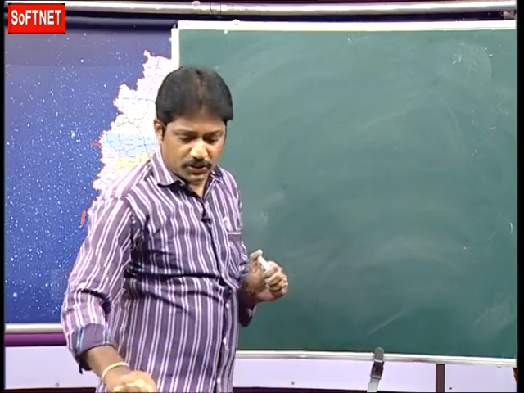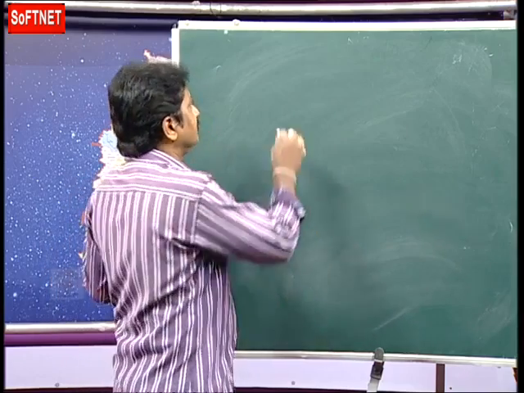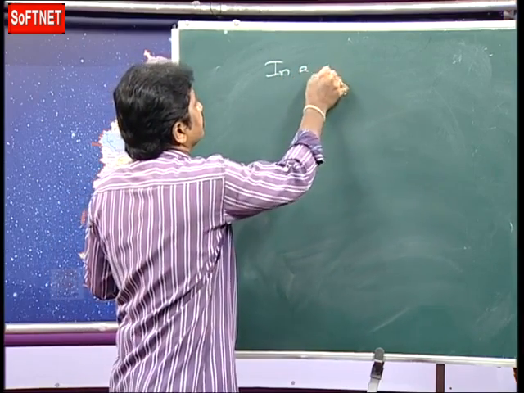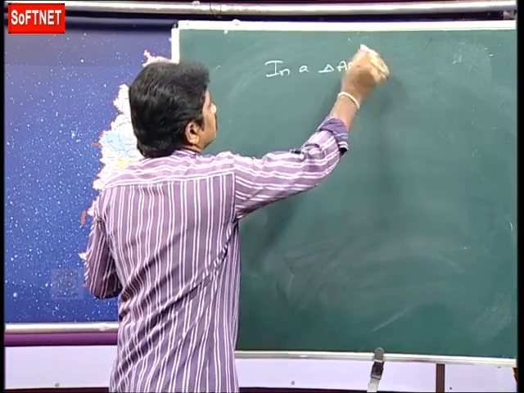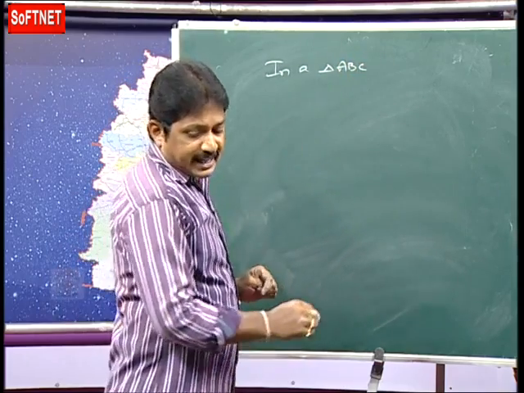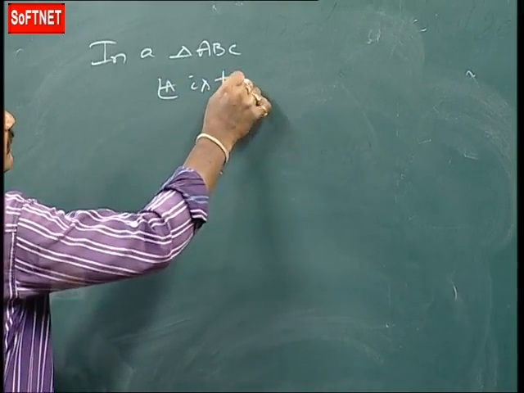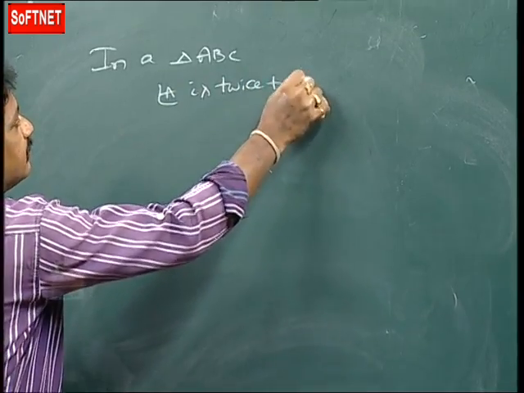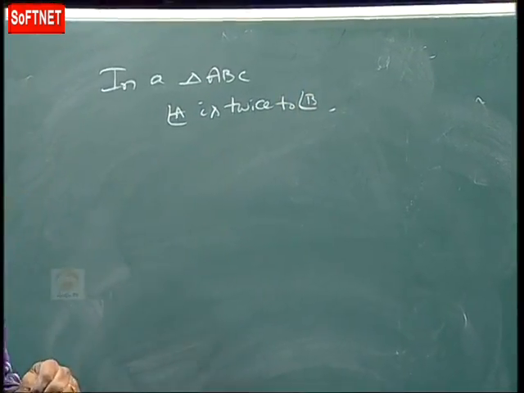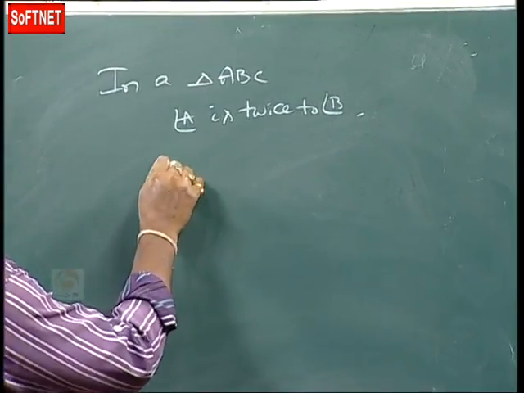Now see, write the question here. In a triangle ABC, angle A is twice angle B. Then find the value of A square.